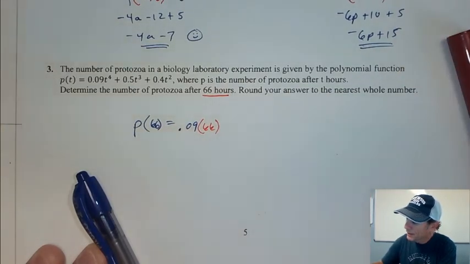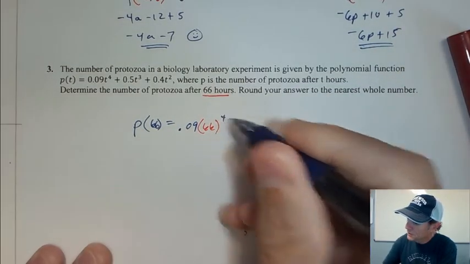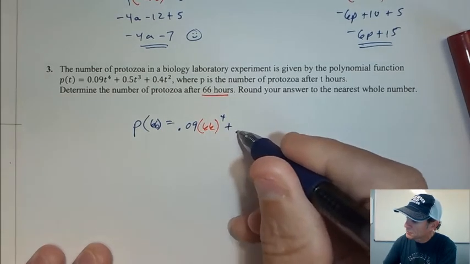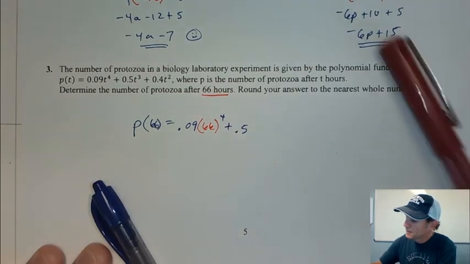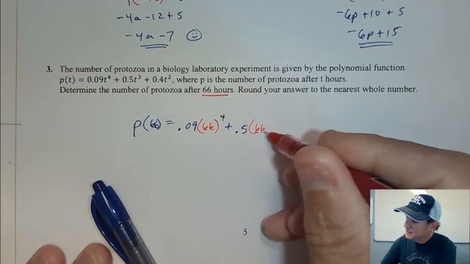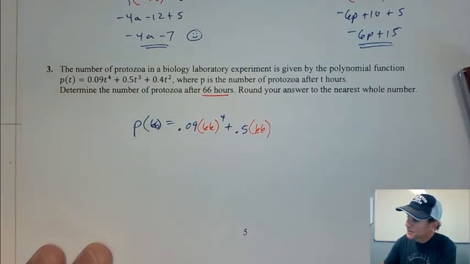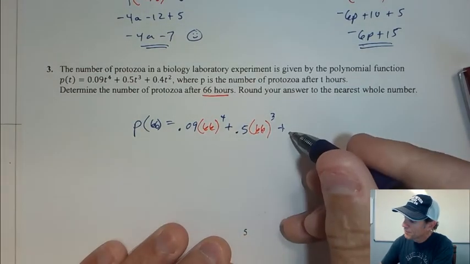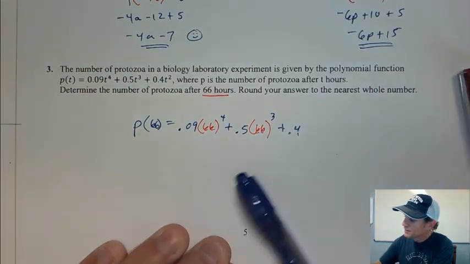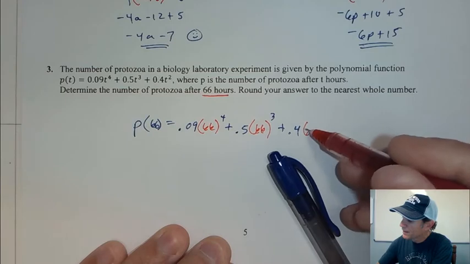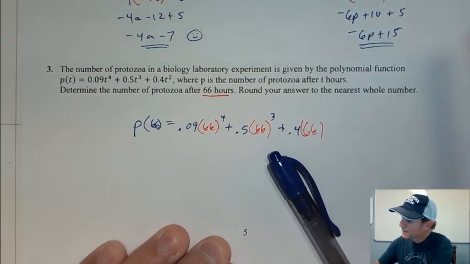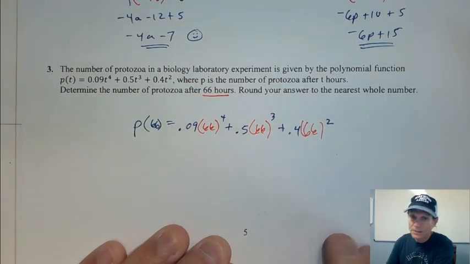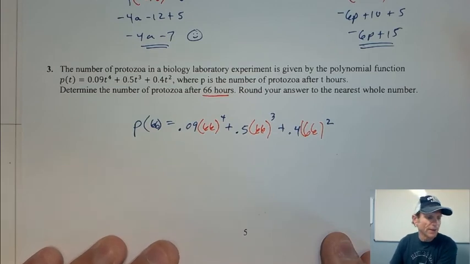Of course, you're going to probably have to use your calculator here for these calculations. 0.5 times 66 to the 3rd, and then plus 0.4 times 66 squared. Okay, so get that written out, and you can actually just type that into your calculator.